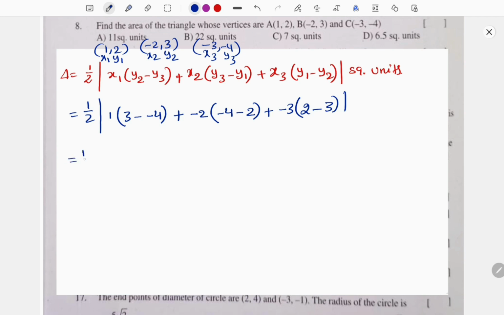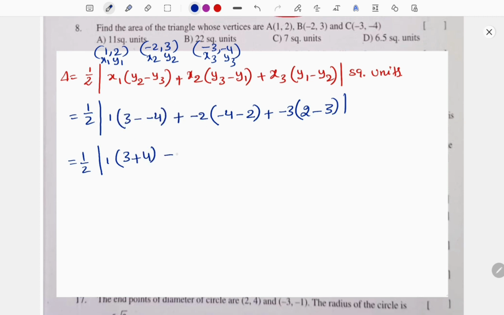Now wherever any two signs are there, you can convert them into a single sign: 1 into 3 minus minus 4, minus into minus is plus, so 3 plus 4; minus 2 into minus 4 minus 2; again plus into minus, two signs, we convert into minus, minus 3 into 2 minus 3.